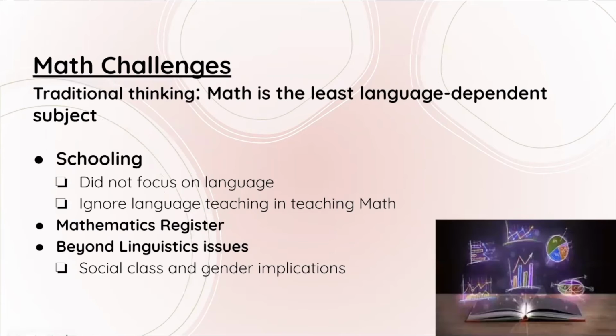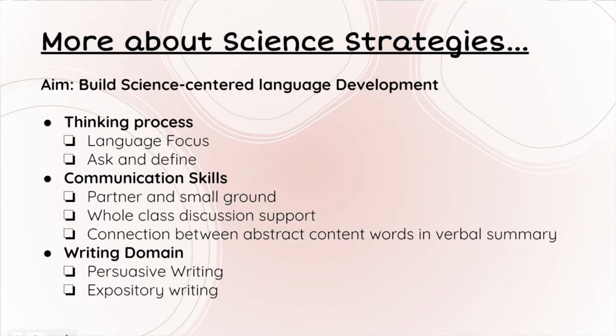Second, you also could bring more whole class discussion support by allowing students to report their findings or the language structures they use in the final stage. And students could also be under the scaffolding of the teachers in turning more abstract content words into more specific and detailed words in their verbal summary and explanations.